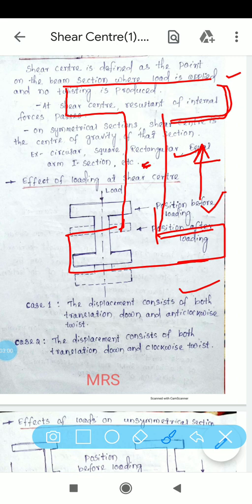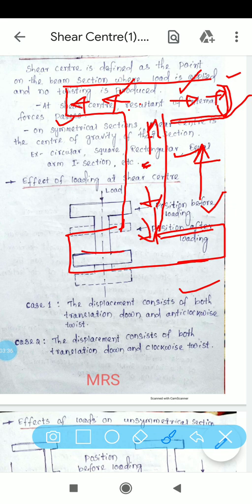The shear stresses are maximum at the center. Away from it, the shear stresses decrease. Similarly, here some shear stresses are acting. This shear stress and this shear stress have equal magnitude. Similarly, here the maximum shear stress, then it decreases away from the center.